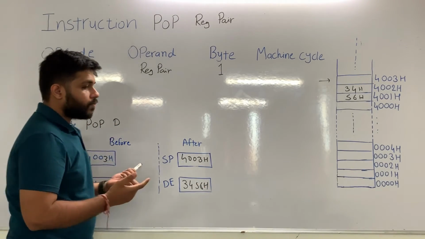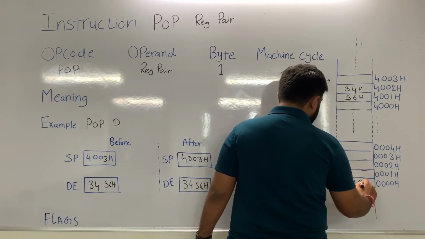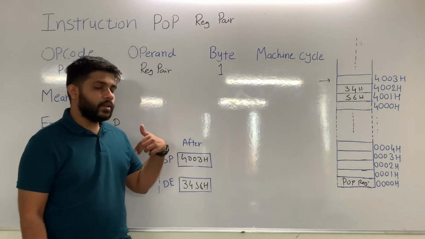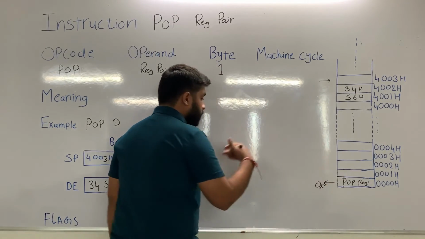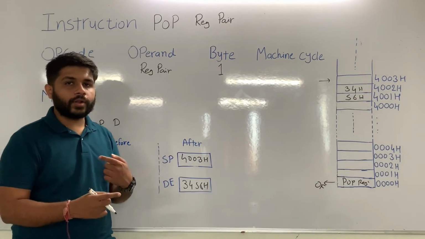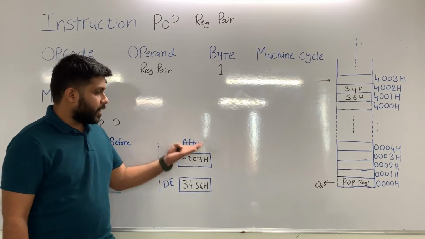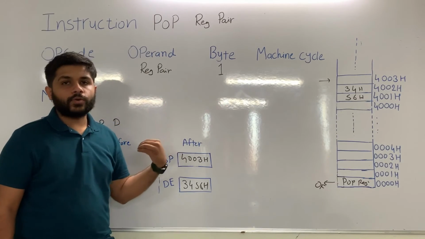Now let's see the machine cycle. This instruction is of 1 byte, so it will occupy only one memory location, that is pop register. Now when this instruction is stored, processor will fetch this instruction using the opcode fetch. After performing the opcode fetch, processor will decode and execute. If you remember, during the execution, the microprocessor is reading the data from the memory to its own registers.